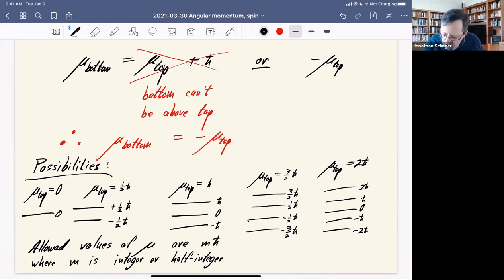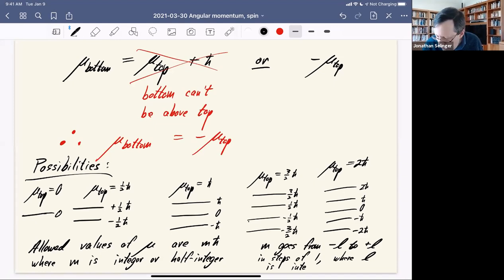And then let's say m goes from negative L to positive L in steps of 1. And we'll say where L is an integer or a half integer.